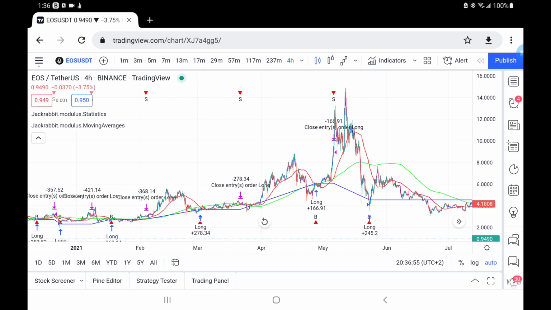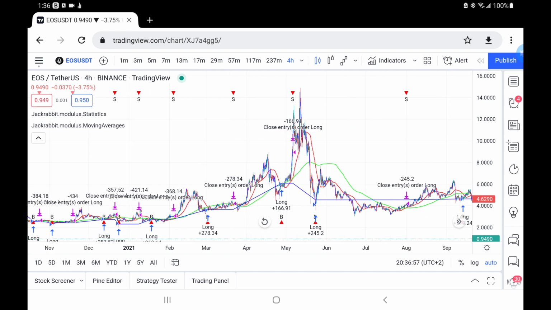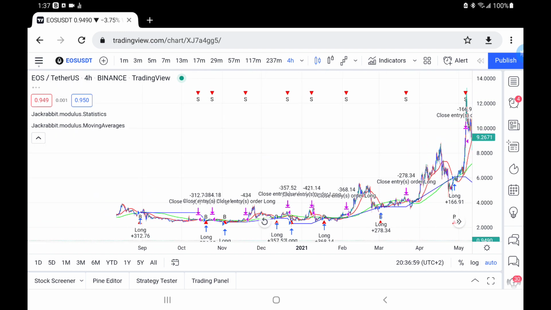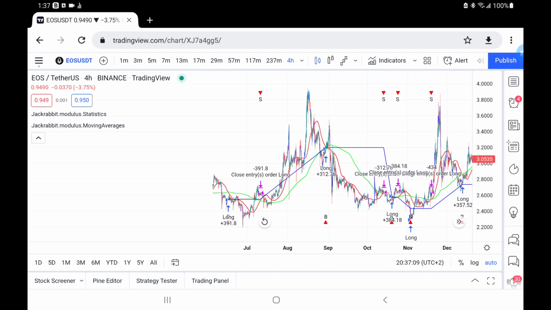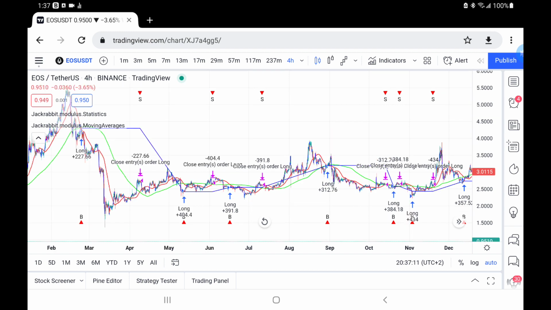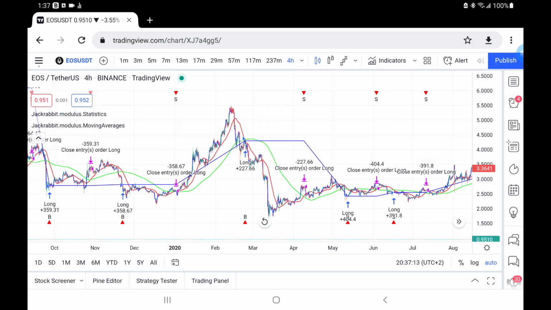And there are a dozen different trend approaches that can be used. There are a dozen different ways to maximize profitability, but I want simplicity. And this is the most simple.